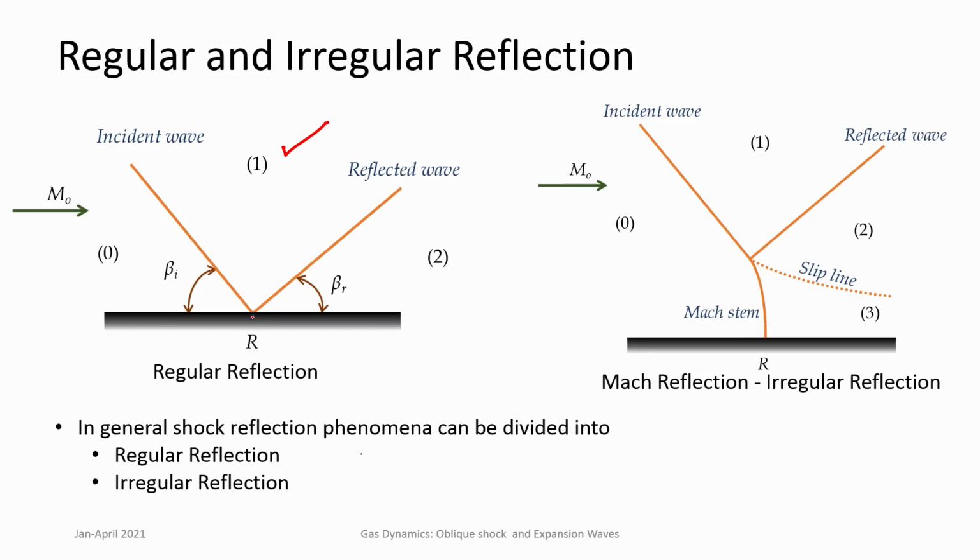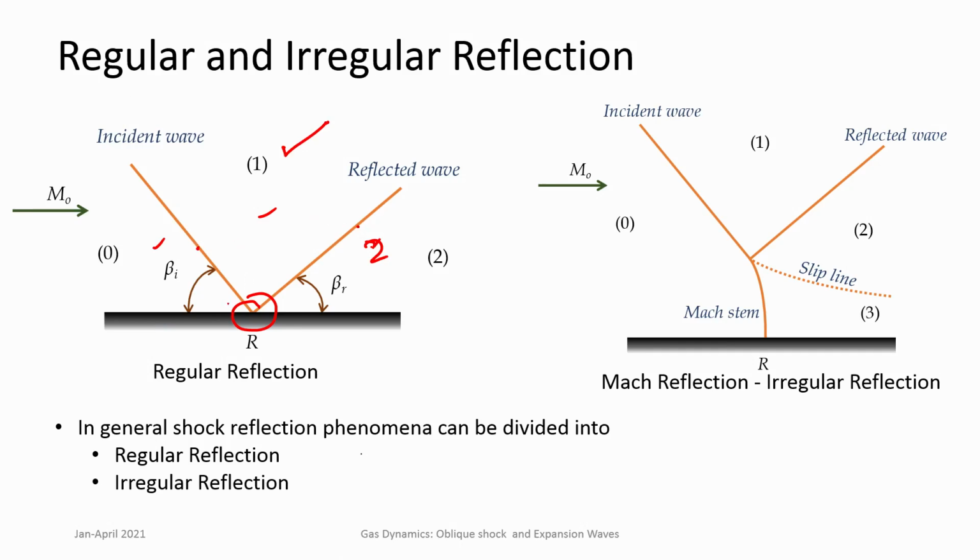Then the pattern formed is that you have an incident shock, and in order to match boundary conditions at the wall, a reflected shock is formed. We have to do the analysis to get what these angles beta 1, beta r are, and what the properties at 0, 1, 2 are. This analysis has to be carried out, but the formation is that of an incident wave and a reflected wave.